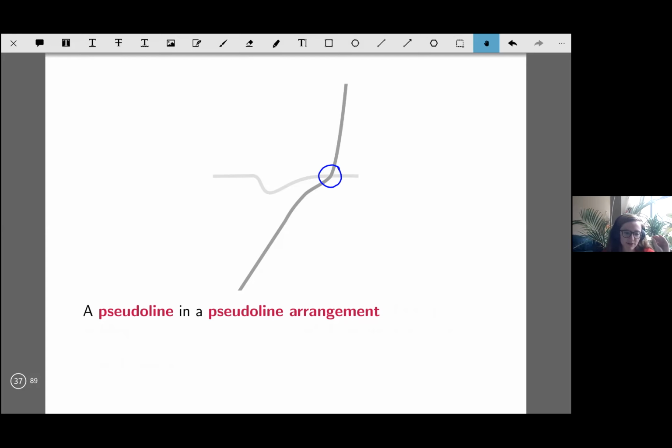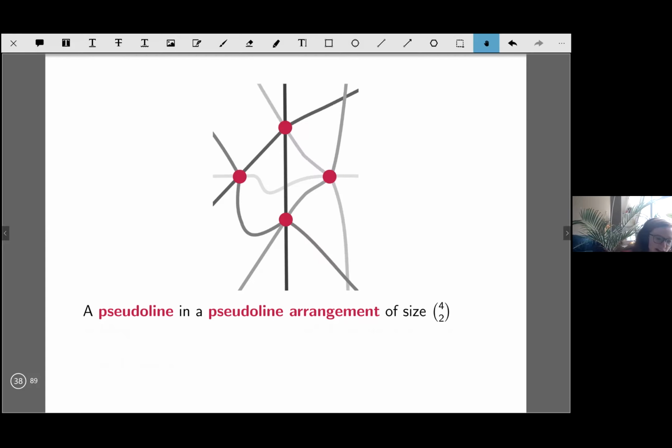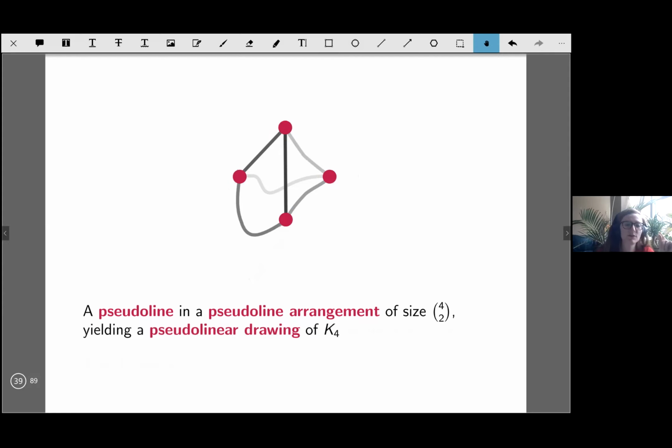Okay, now in this picture, I have 4 points, and I have 4 choose 2 pseudolines, and each pair of points is in a unique pseudoline in the pseudoline arrangement. And from there, if I just remember the parts of the pseudolines that go between 2 of those points, then that part gives me what's called a pseudolinear drawing of K4.